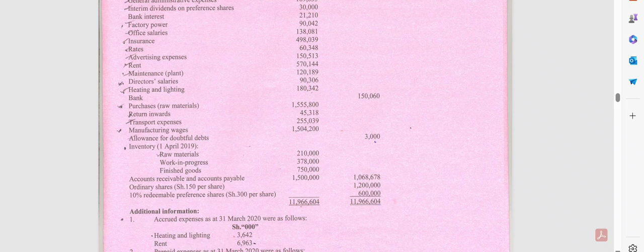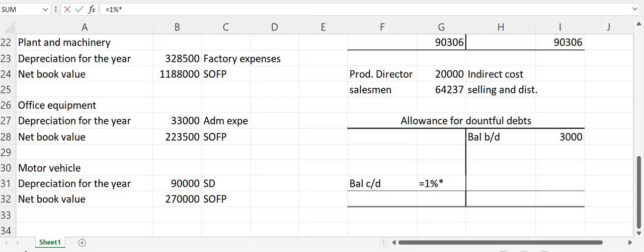Here it is. Account receivables and account payables. The one on the debit side is receivables, the one on the credit side is payable. So 1.5 M. So the one that you maintain for purposes of doubtful debt is 1% of that amount. So 1% of 1.5 M, we have 15,000. So we balance this account.